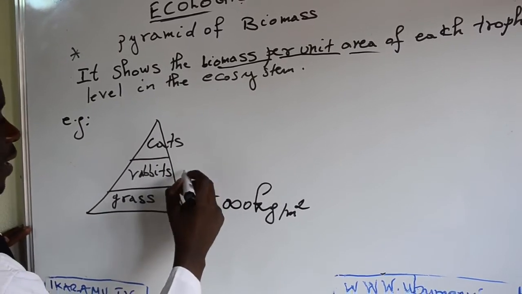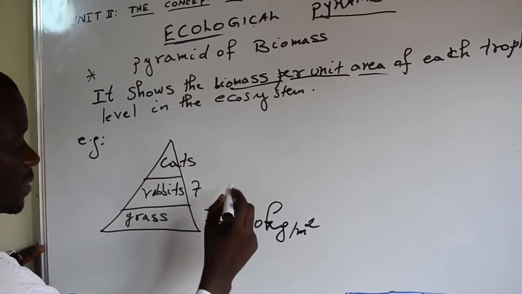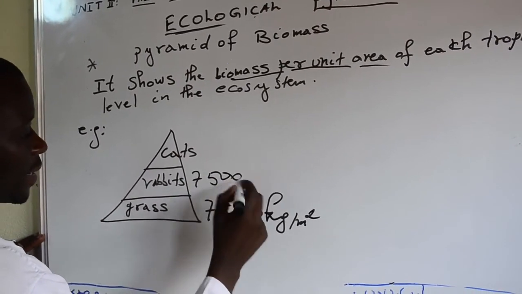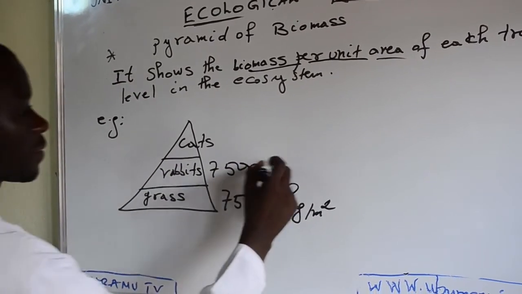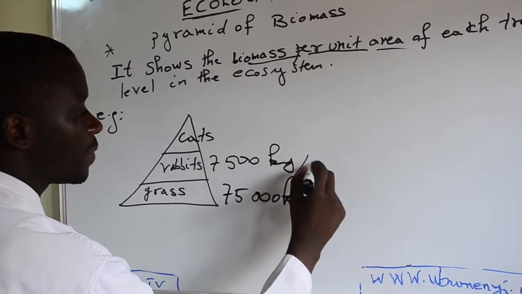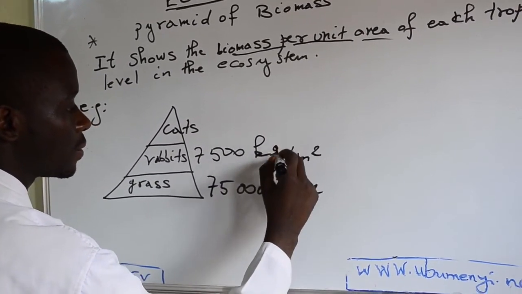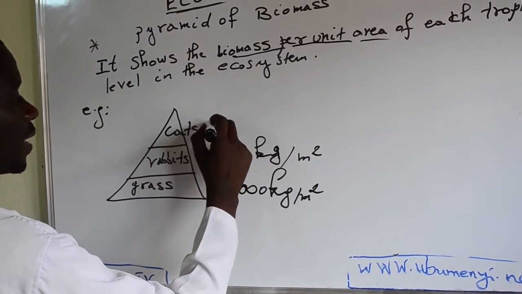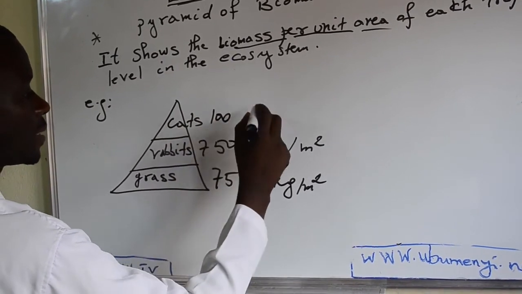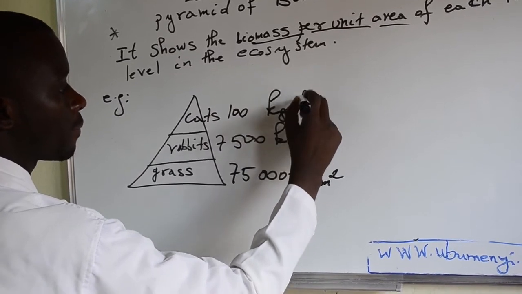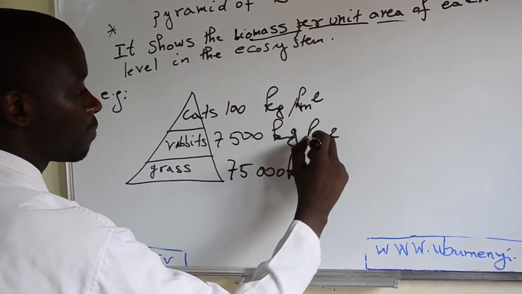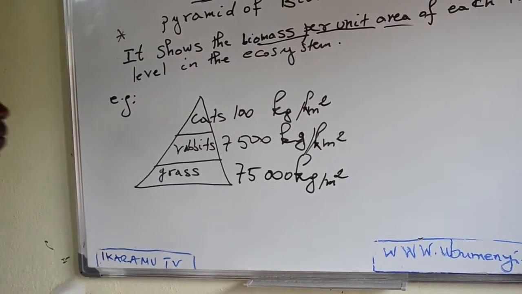We can have here like 7,500 kilogram per meter square. Can have here like 100 kilogram per kilometer square.